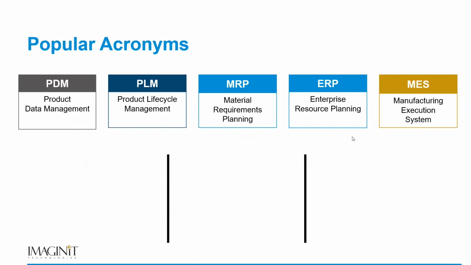When we start talking about manufacturing and engineering and design, we hear all these acronyms, right? PDM, PLM, MRP, ERP, and then now we're throwing another one at you if you aren't familiar with the MES software.